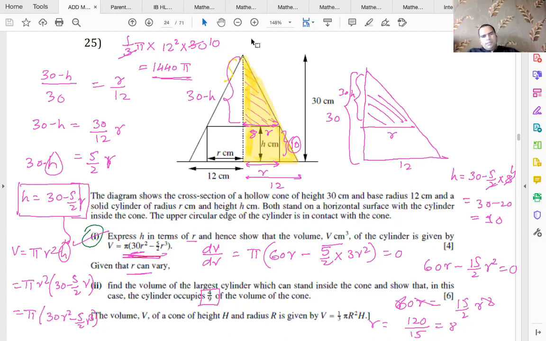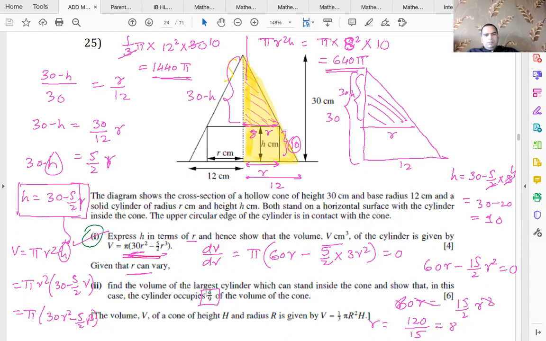And now volume of cylinder is basically pi r square h, which is pi times radius, 12 square times... radius is not 12, radius is 8 here for the cylinder. Radius is 8 square times h is 10. So it'll be 640 pi, the volume of this cylinder.